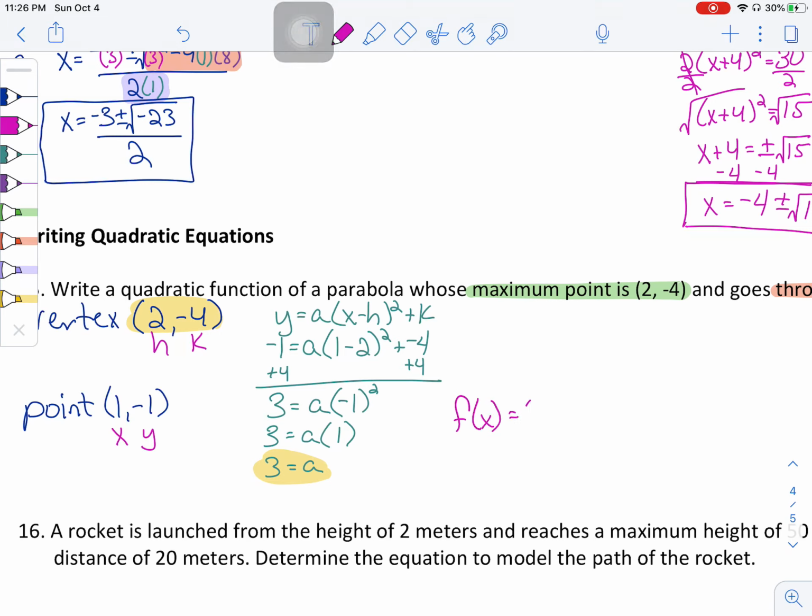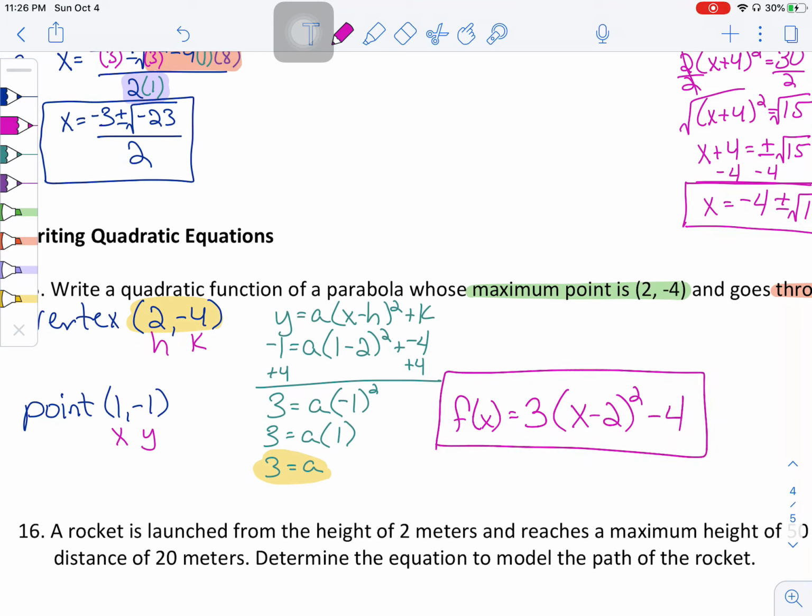So we've got an a value of 3 times x minus 2 squared, and then plus -4, or I'm just going to write it as -4 here. All right, so that is problem number 15 done. When you have a vertex and another point, use vertex form, solve for a, and then write the equation.